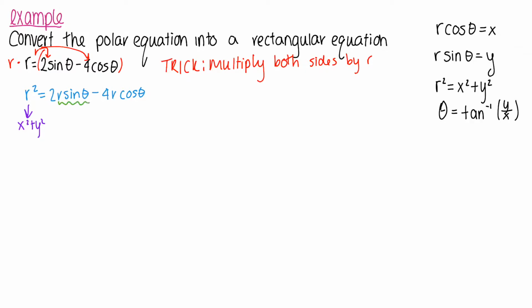R sine theta is y. And let's choose a different color here. R cosine theta is x. So x squared plus y squared is equal to 2y minus 4x.